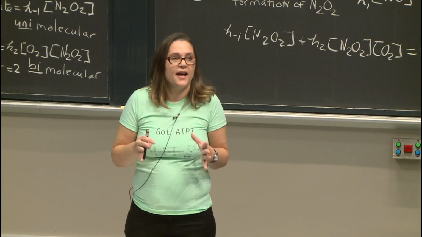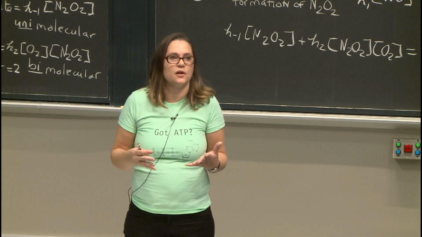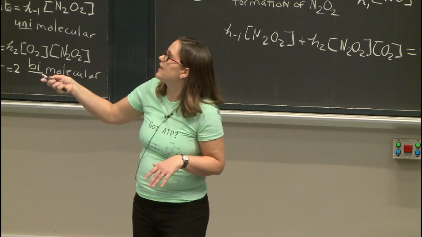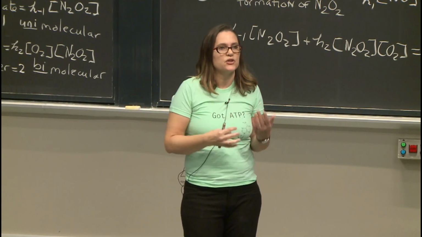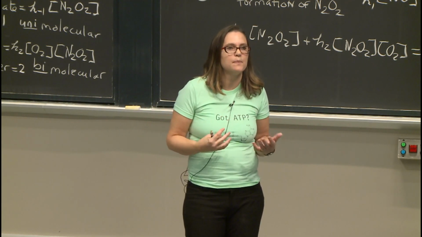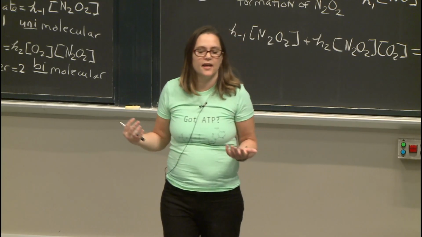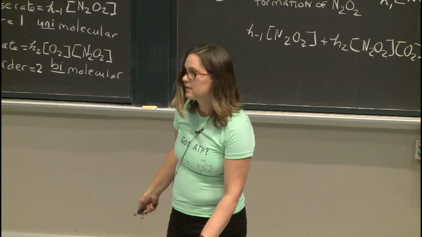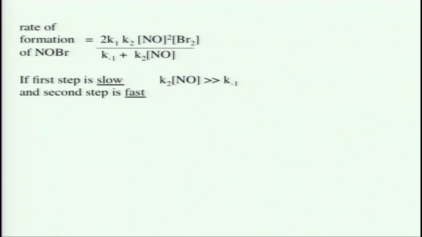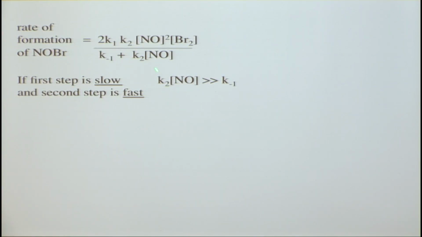Now we were asked, what are the fast and what are the slow steps? So now we want to take this and think about if there's different fast and slow steps, is it consistent with the experiment? So first, let's consider if the first step was slow and the second step was fast, i.e., if we have k2 NO greater than k minus 1.